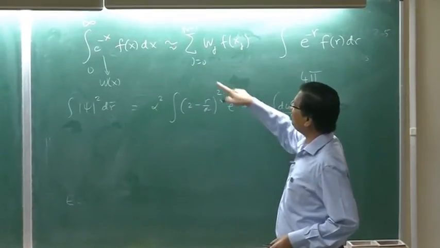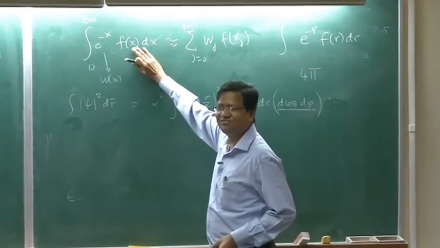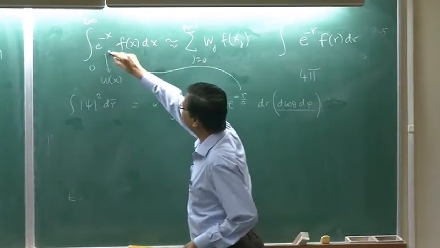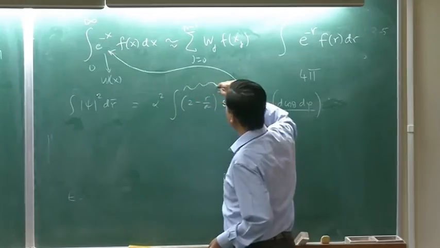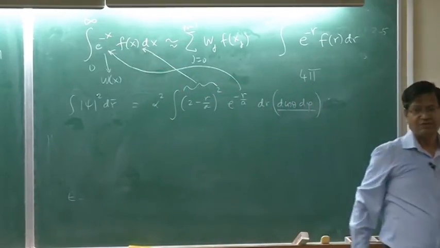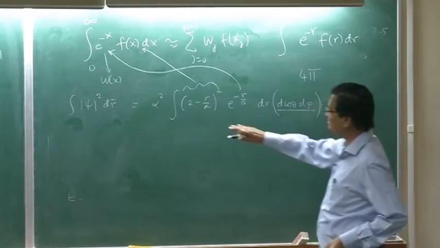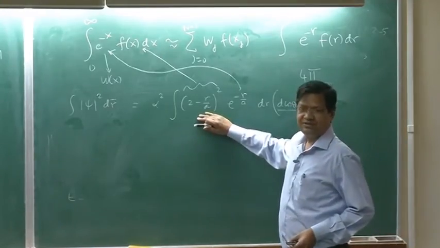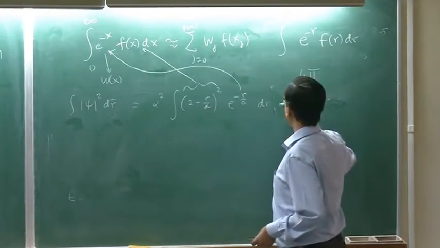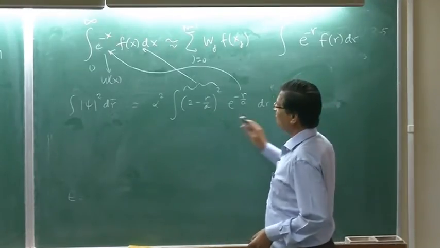Somebody told me that you can use these formulas. This will correspond to that, and f of x will correspond to this. I have to compute this function at the abscissas. So you are basically left with the dr integral with 4 pi coming outside.